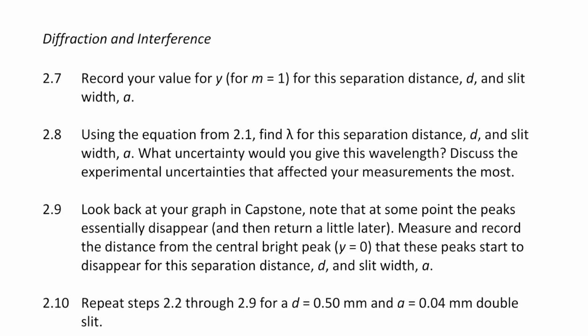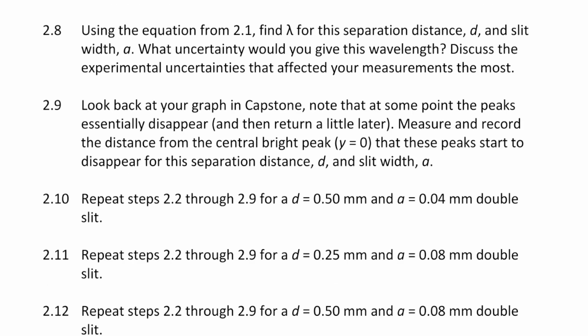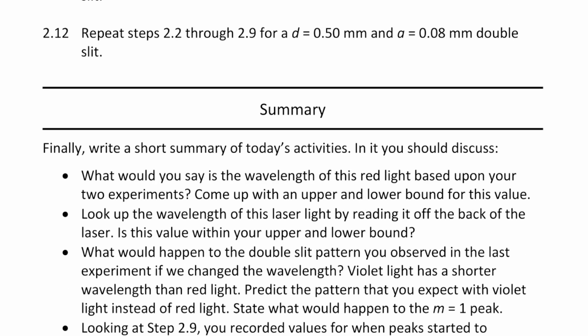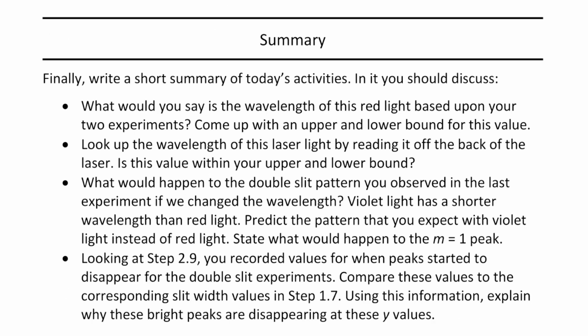And then you went through and you did a bunch of measurements for different slit widths and distances between the slits. All right. And so the first summary question was, what would you say the wavelength is based on your two experiments? This depends on the data you got. Come up with an upper and lower bound.